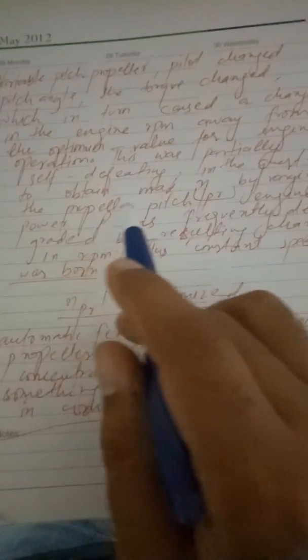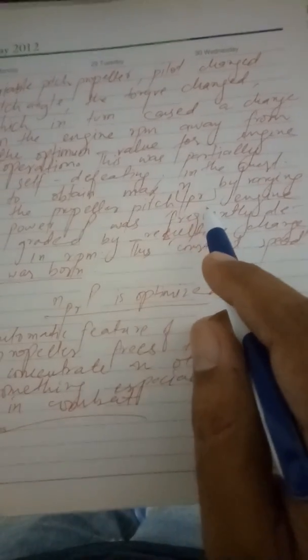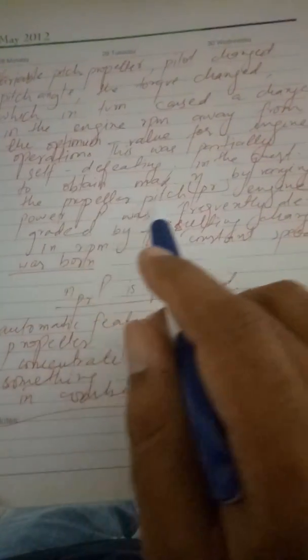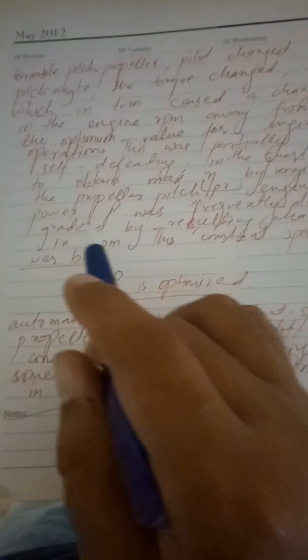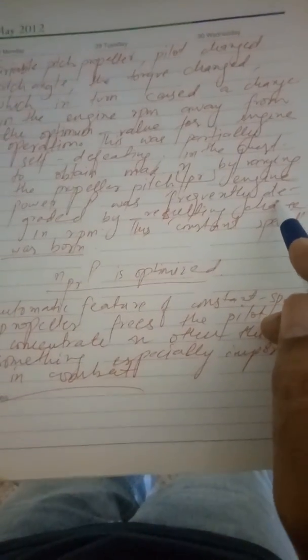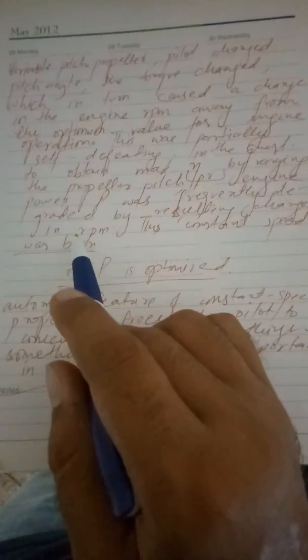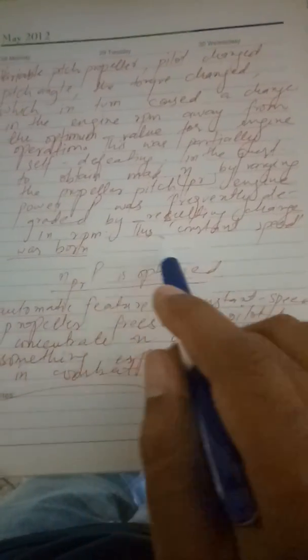This was partially self-defeating in the quest to obtain maximum efficiency, because by changing the propeller pitch, engine power P was frequently degraded by the resulting change in RPM. Thus constant speed was born.